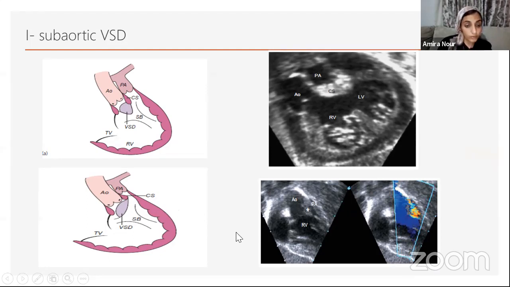If we look carefully at this type of DORV with subaortic VSD and pulmonary stenosis, we will find that it looks closely like a patient with tetralogy of Fallot. They have the same pathophysiology and the same clinical presentation. They also present with cyanosis shortly after birth. So this type, sometimes we call it DORV Fallot type.